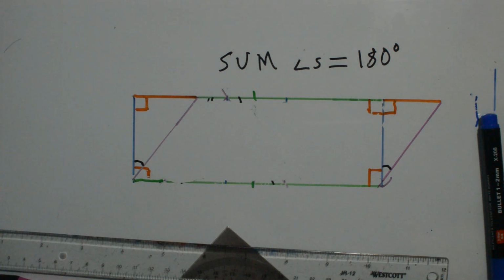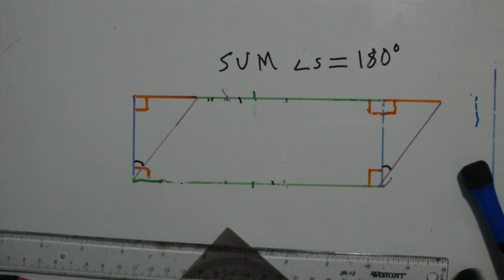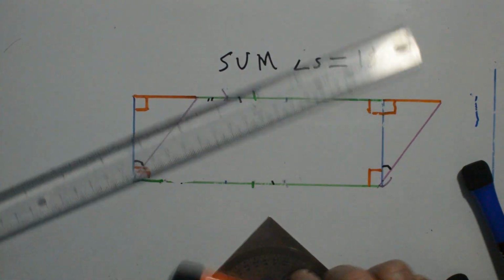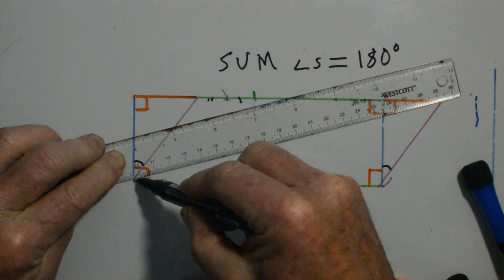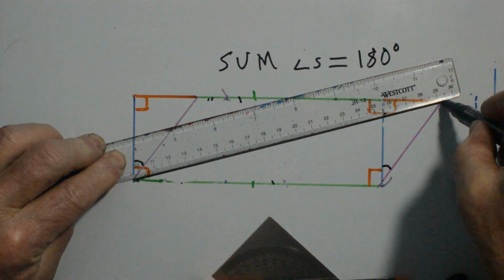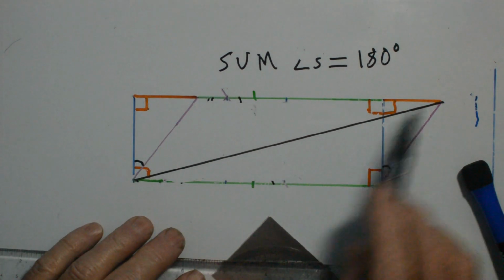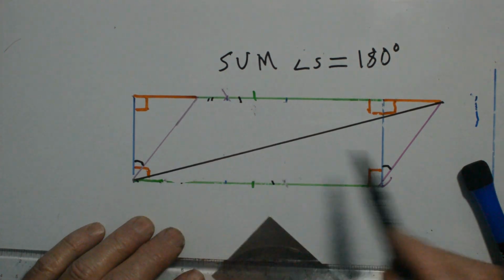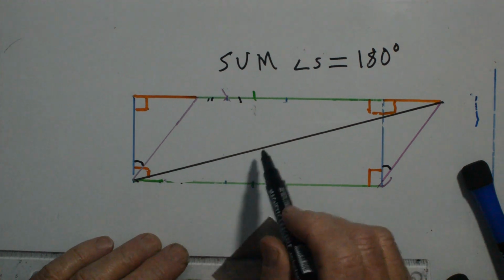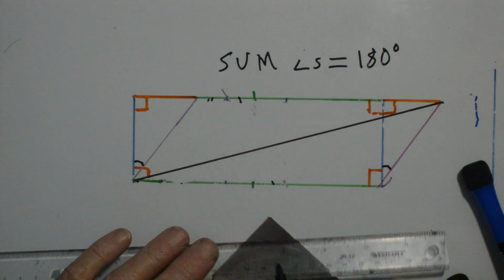Now I'm going to take one more step here. I'm going to draw a diagonal of the parallelogram. Right? This side equals this side. This angle equals this. All the angles are equal. So this triangle equals this triangle.